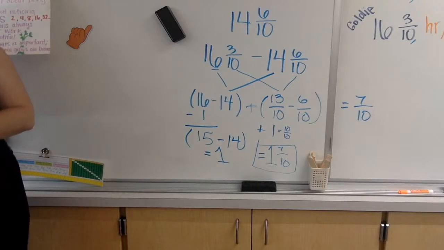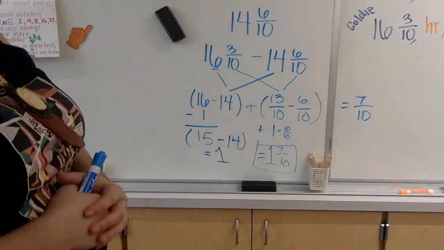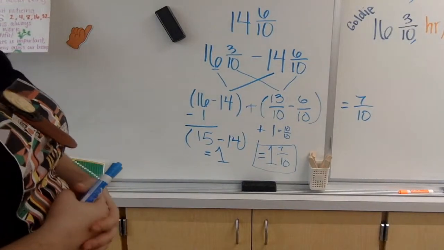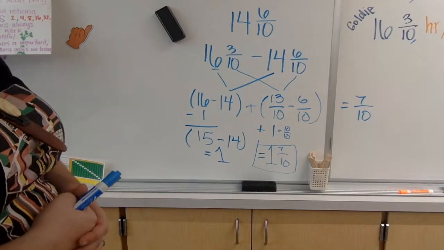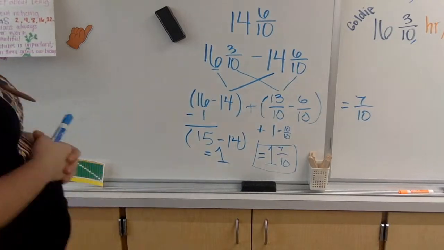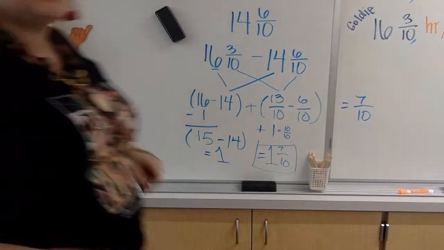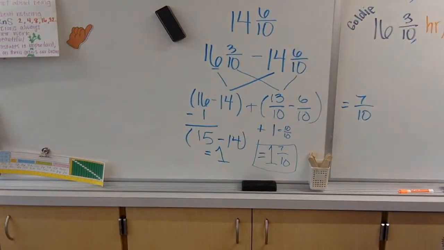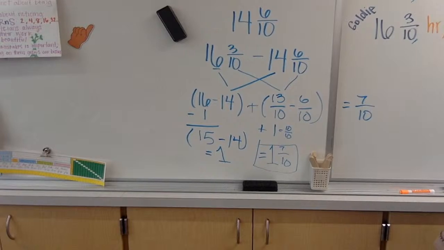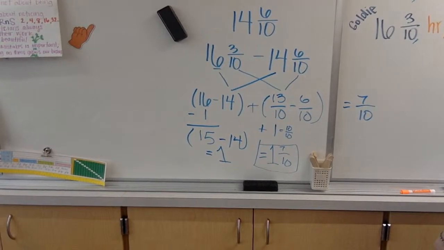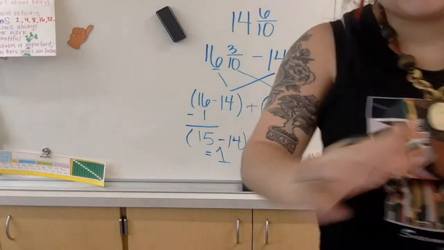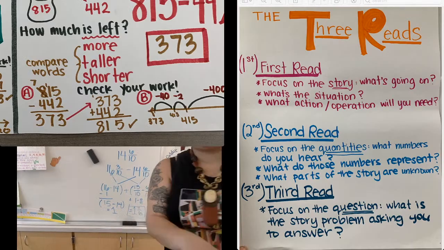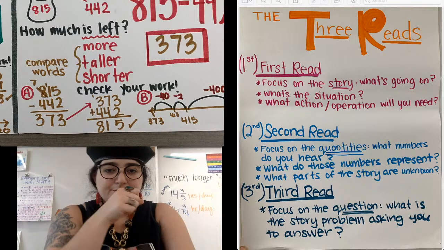Now, this is where things can get interesting, because 1 7/10 is what? We did a lot of math, but what does 1 7/10 represent? Let's go back to our word problem, especially as it relates to our 3 reads.